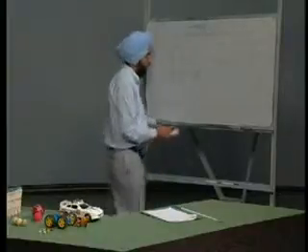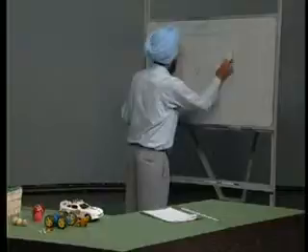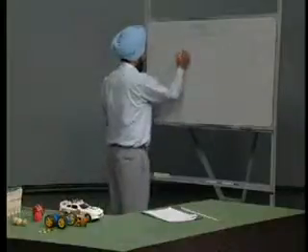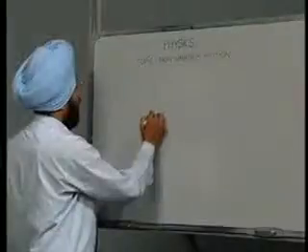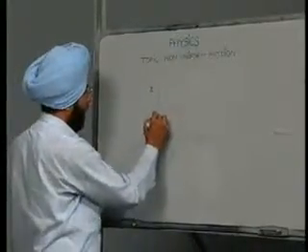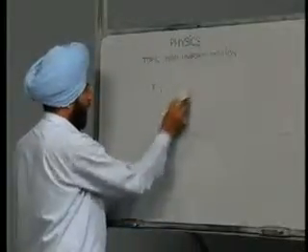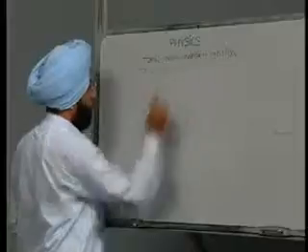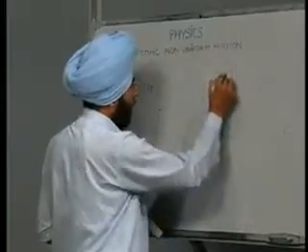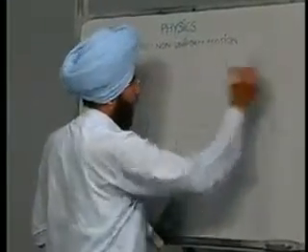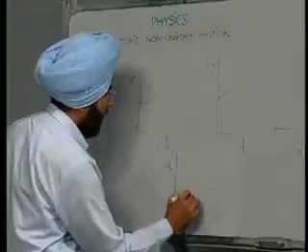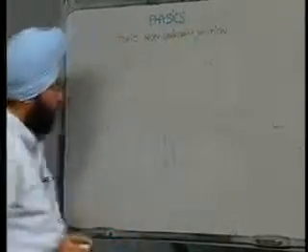In general, we can show the x t graph is a parabolic graph, the V t graph is a straight line graph and the acceleration time graph is a graph parallel to the time axis.